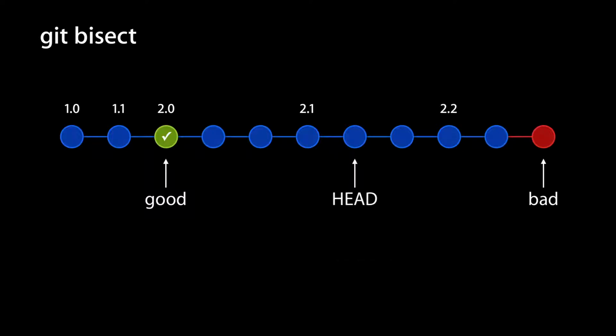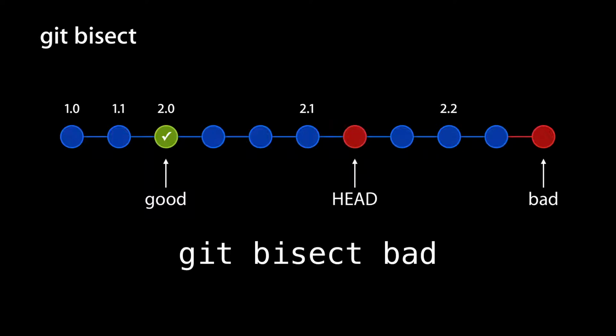And that's the process that you're going to go through time and time again, telling Git, for this midpoint revision, what was the result? So here I'll say, okay, at that midpoint, the bug still existed, so now it's bad. And now Git will say, okay, everything after this is also bad. So now we've cut down our range to a half, right?